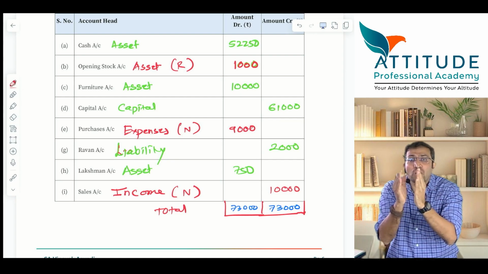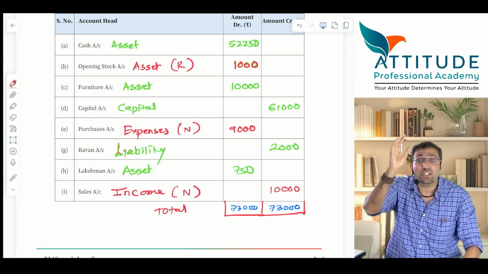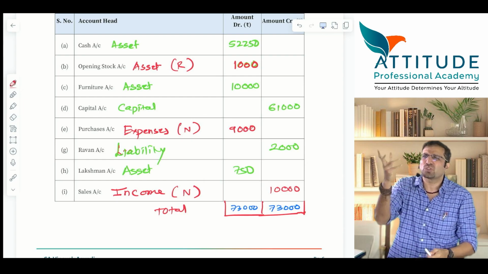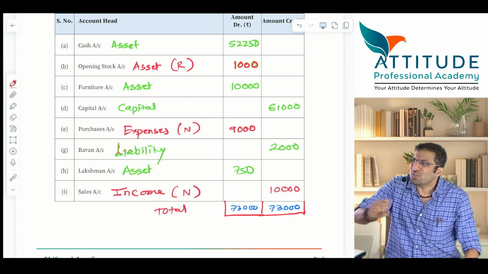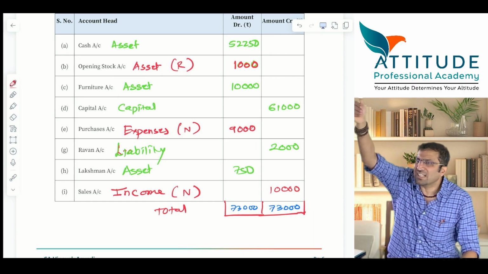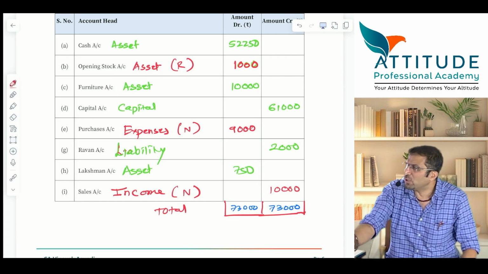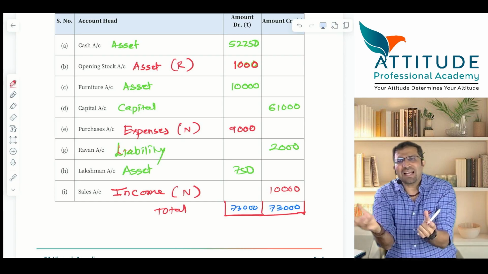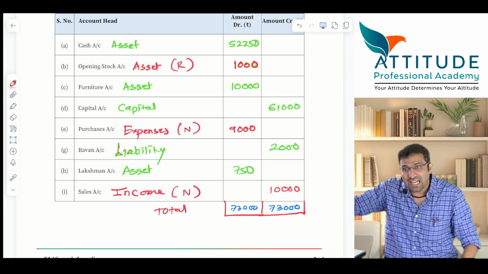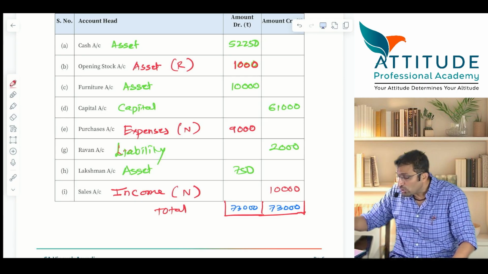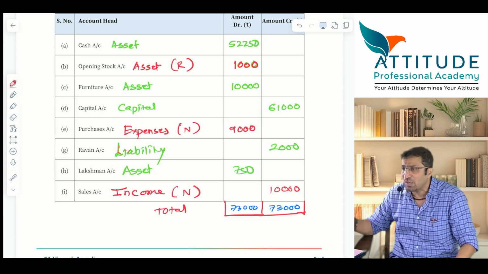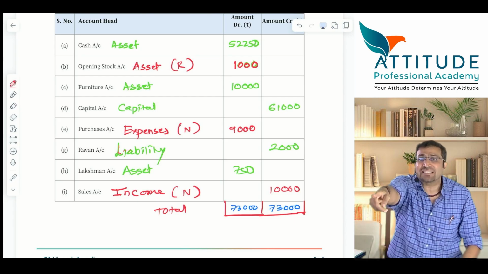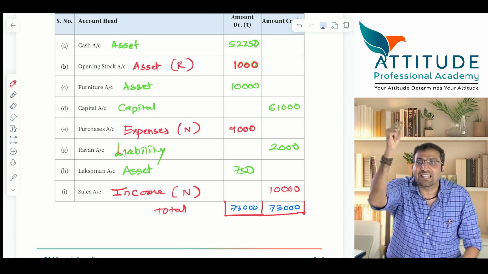Nominal accounts and the opening stock account have to be closed by passing closing journal entries. First we did journal entries. From journal entries we posted them into the ledger. After that, balancing. After balancing, the trial balance. After the trial balance, the nominal accounts are picked up, and one is the opening stock account, and you close it by passing what entries? Closing journal entries. Repeat.